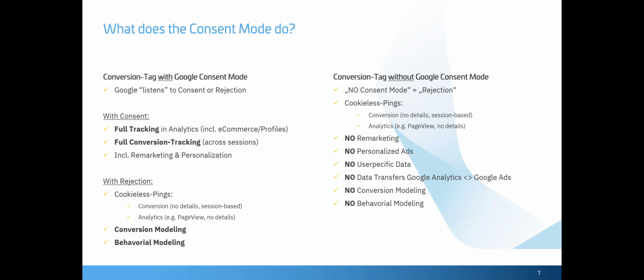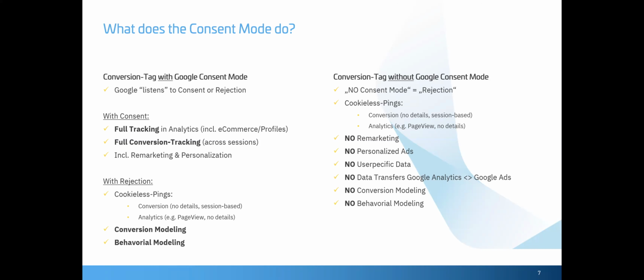So basically, if rejection is there and consent mode is on, Google will know, aha, now I need to do something. I need to do the modeling. On the other hand, the other scenario: if you don't enable the consent mode and you have the conversion tag on your website, Google will treat it as rejection. There will not be any fancy tracking, let's say it this way, no details.